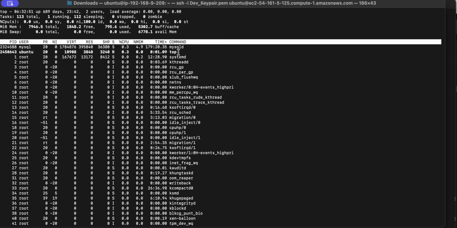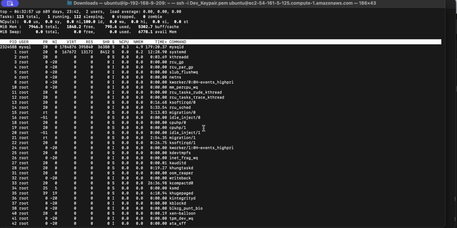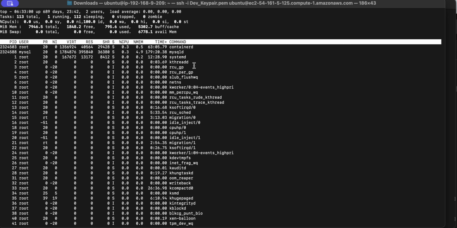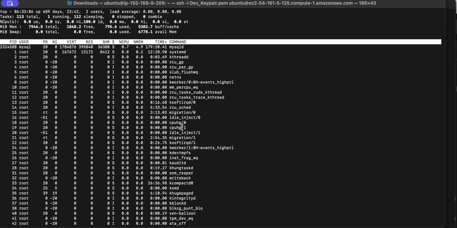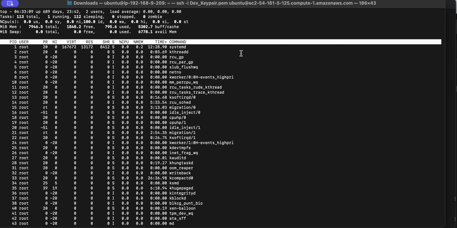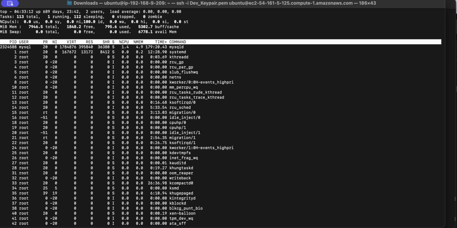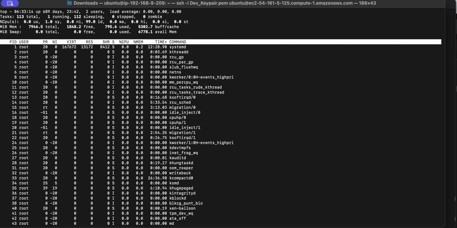That is the reason it's not showing. Even though you see the top command visible here, sometimes it is not. I will come to that part as well, how to see the top command there.